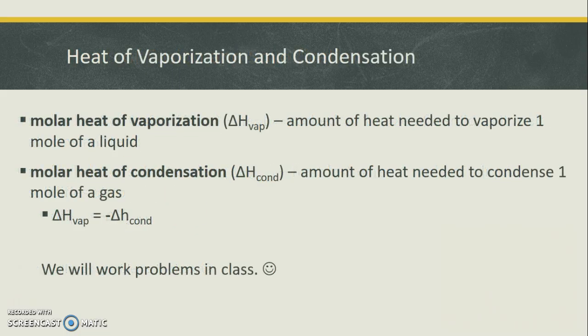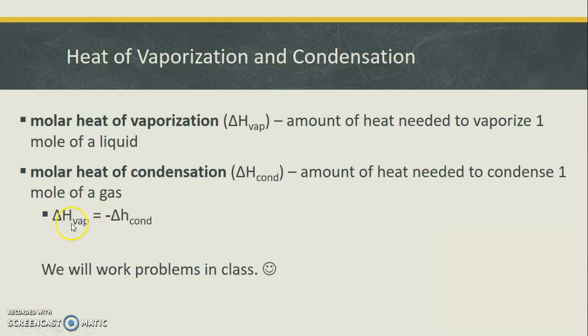Then you have molar heat of vaporization and condensation. Now, these make much more sense because they use words that you're familiar with. The molar heat of vaporization is how much heat you need to vaporize a mole of some liquid. And then the condensation one would be the amount of heat that is removed when you condense a mole of something. Same way, you're given the delta H vap, or vaporization, on your reference table.